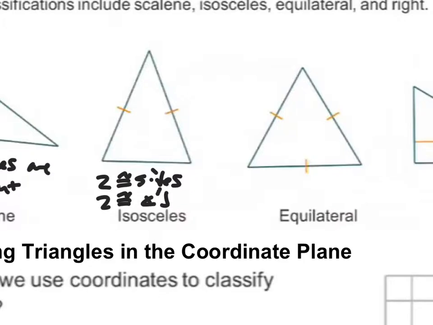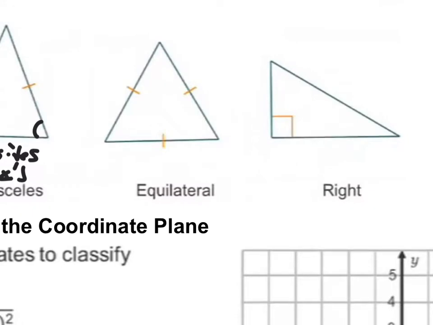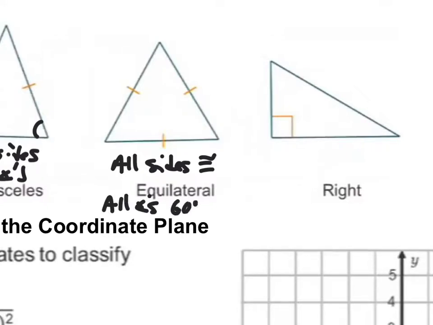An equilateral triangle means that all sides are congruent, and we know that all angles are 60 degrees and they're all congruent. A right triangle means that we have one right angle, and the Pythagorean theorem exists on this one.